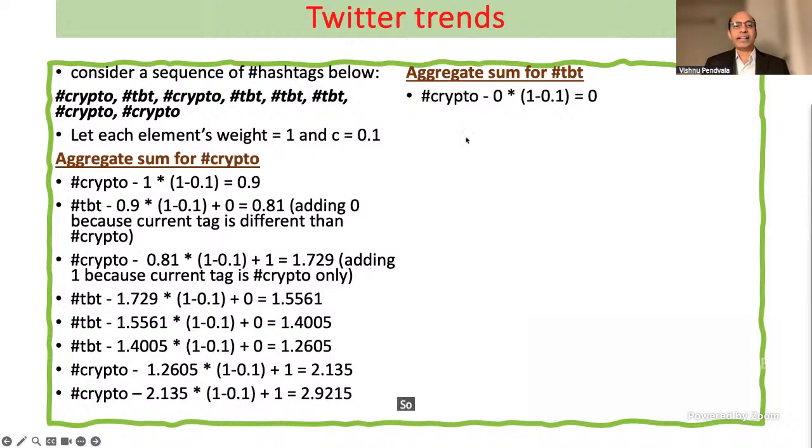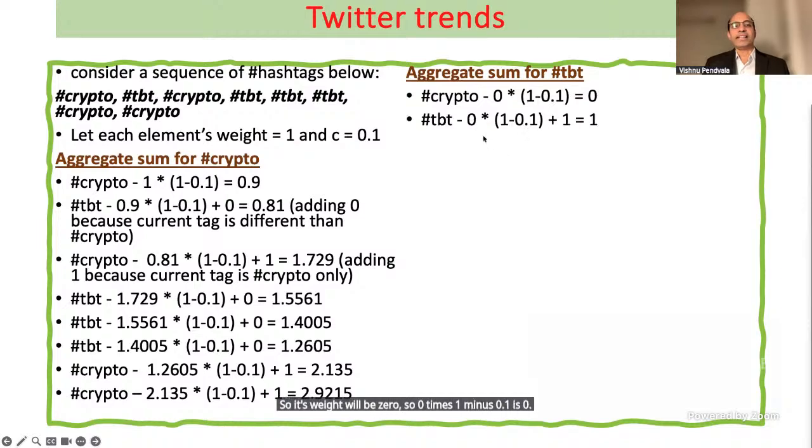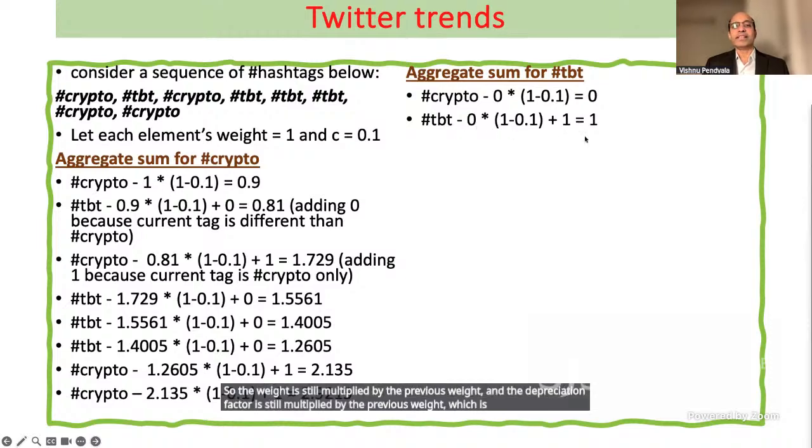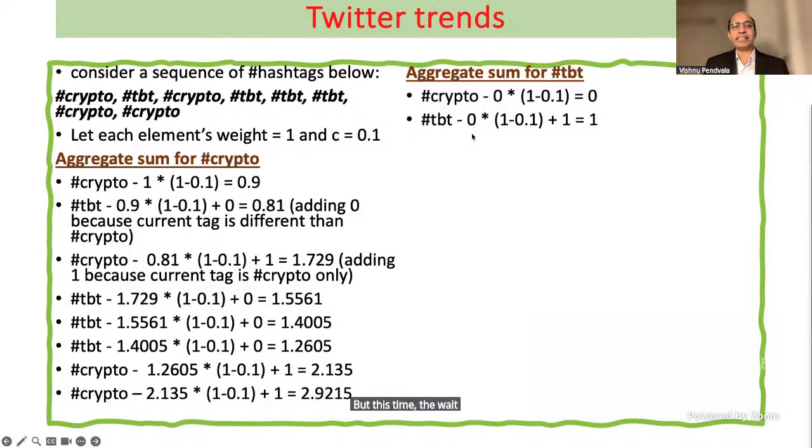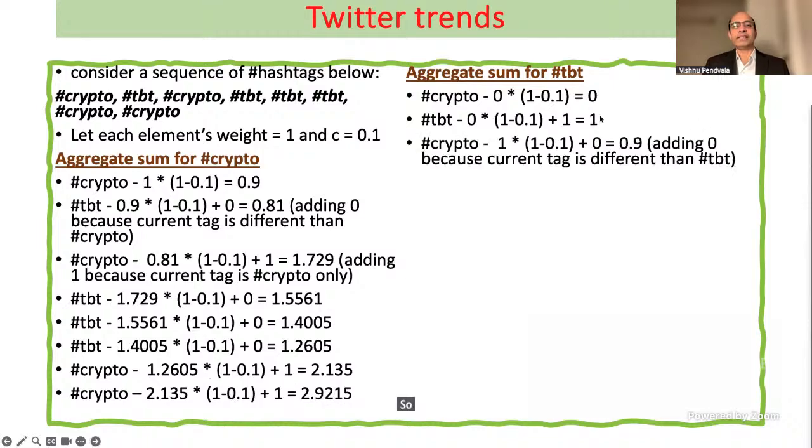Now the aggregate sum for hash TBT has to be computed. The first token is crypto, so its weight will be 0. So 0 times 1 minus 0.1 is 0. Then the next hashtag is hash TBT. The depreciation factor is still multiplied by the previous weight, which is 0. But this time, because hash TBT occurred, the additional weight is plus 1. So you get 1.